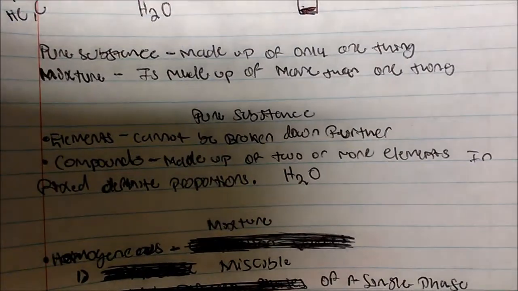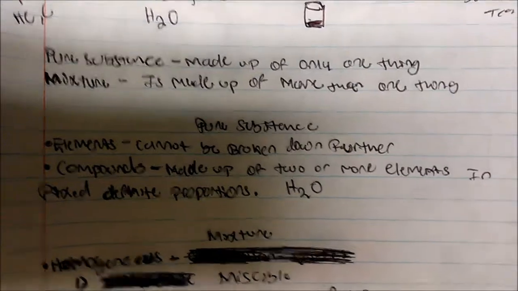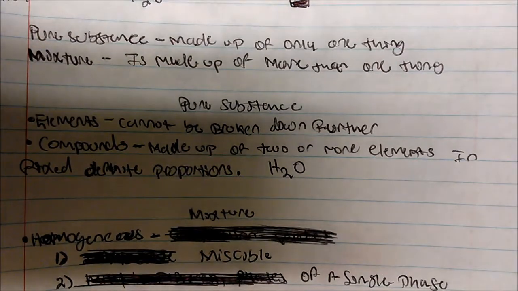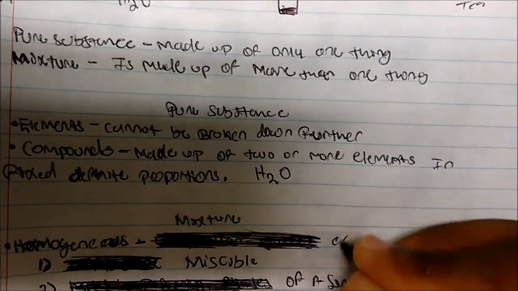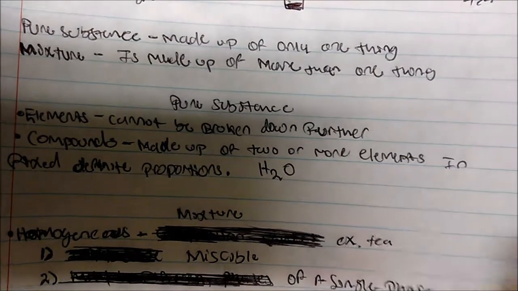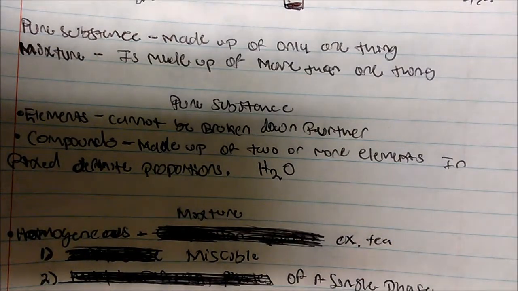Now for mixtures, let's look at homogeneous mixtures. We say these appear to be one, but in fact are made up of multiple things. An example of this would be, again, sweetened tea. It's made up of sugar and water and all this stuff, but it appears to just be one pure substance.